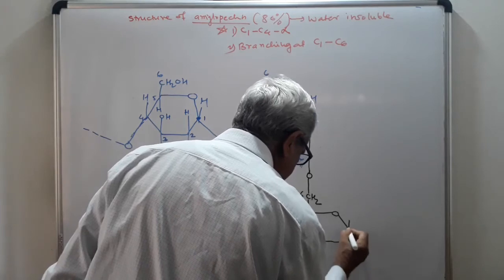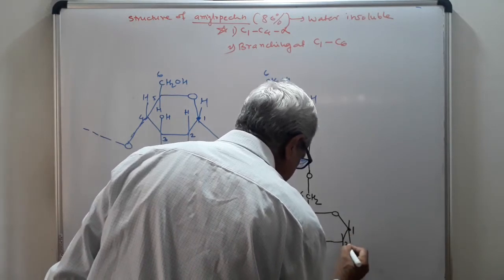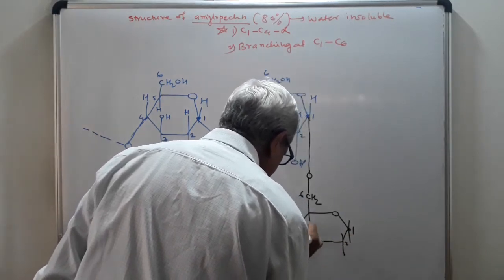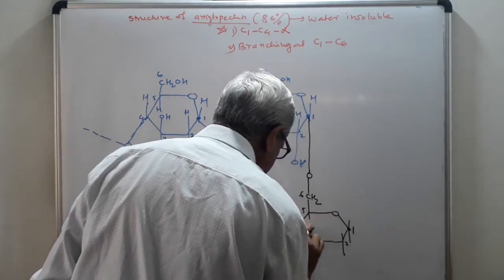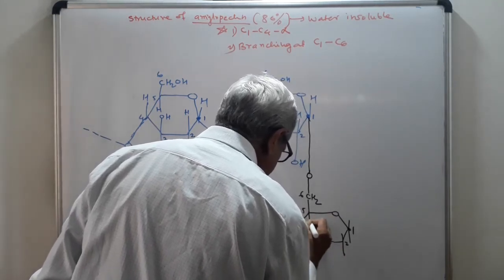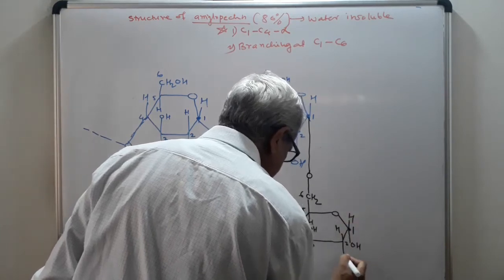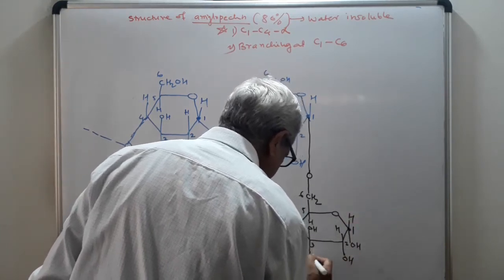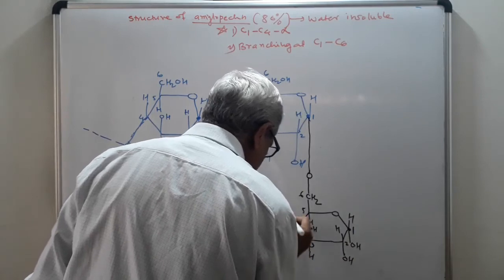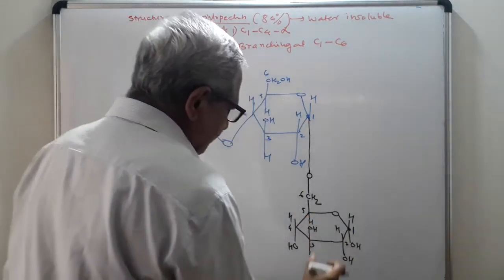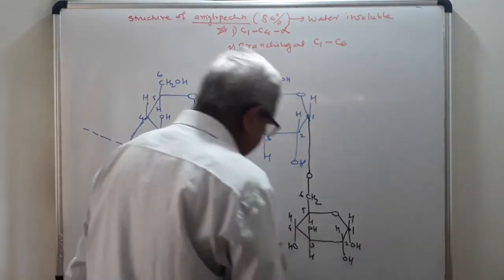This is your anomeric carbon 1, 2, 3, 4, 5, 6. OH group is here, hydrogen is here, OH, H, then OH, H, OH, H. Again, you can show the linkage between this one and this one.